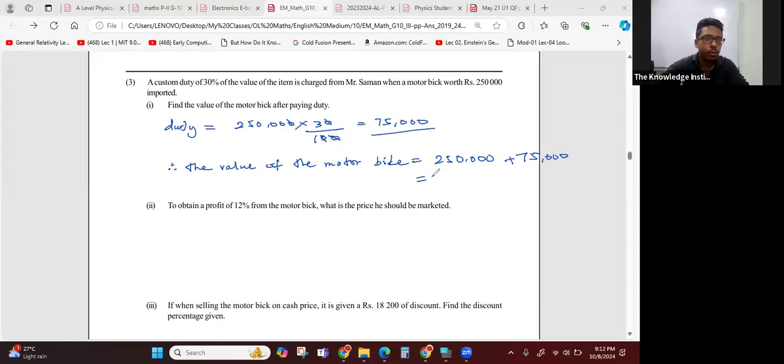So therefore the total value is 325,000 rupees. So the total value of the bike is 325,000.